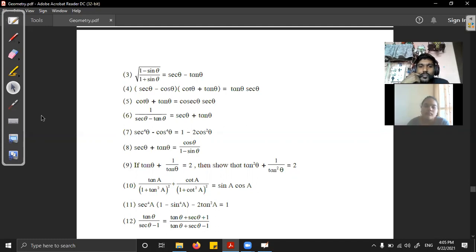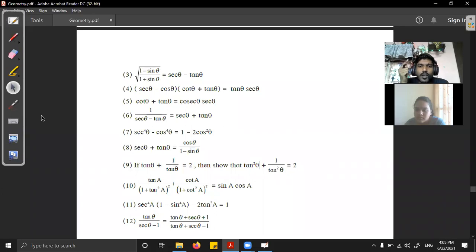Once you multiply, you said they multiplied it with 1 plus sine theta, correct? 1 plus sine theta upon 1 minus sine theta. Oh, plus up and minus down. So it must be minus up and plus down. No, no. Sorry. It is not possible to take different signs. They must have taken same signs up and down.